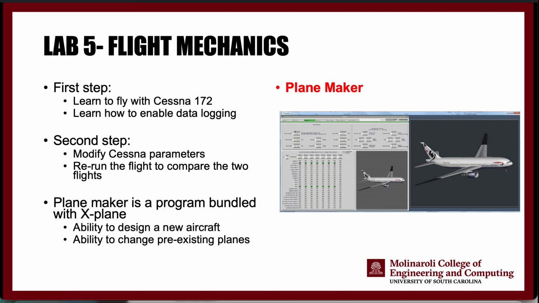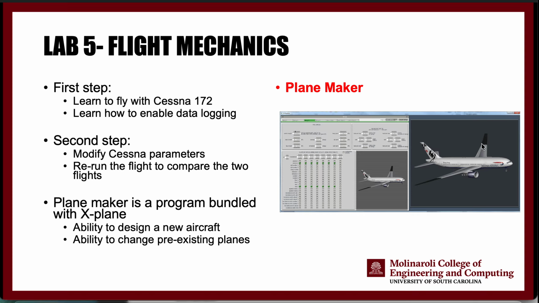And the software we're going to use to make modifications to our flight is called the Plane Maker. Again, the first step in your lab would be to learn how to fly a Cessna 172, learn how to enable data logging. Your second step would be to modify that Cessna's parameters and rerun the flight. And when I say modify, essentially it means that you can increase the length of the wing, or you can increase the angle of twist of the wing, right?